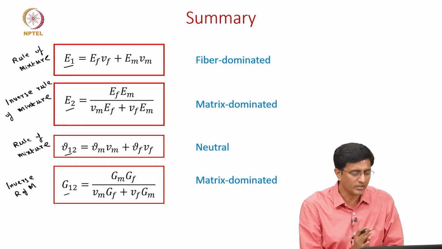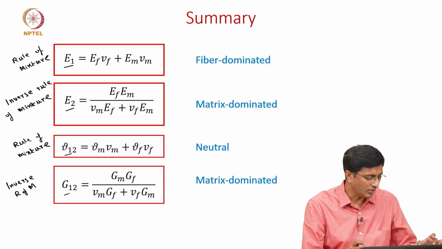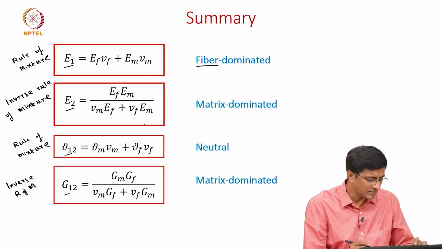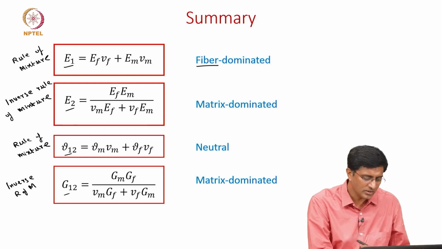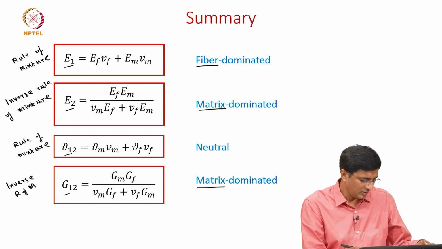Talking about whether each is fiber dominated or matrix dominated, we said E1 follows the rule of mixtures and is fiber dominated, whereas E2 and G12, the transverse modulus and the shear modulus, are both matrix dominated, and not by coincidence they follow the inverse rule of mixtures.